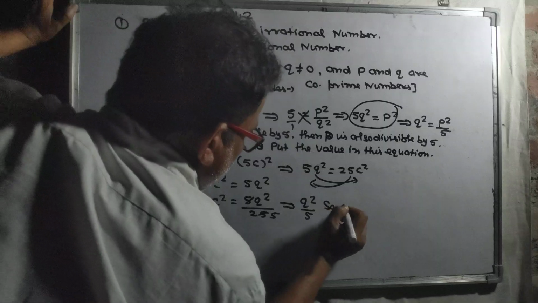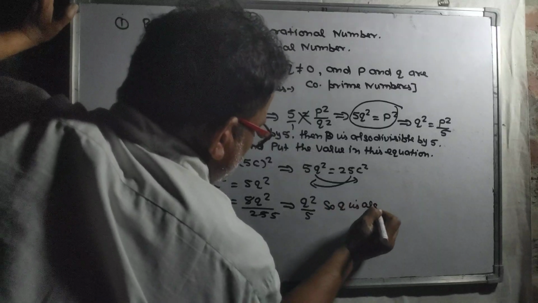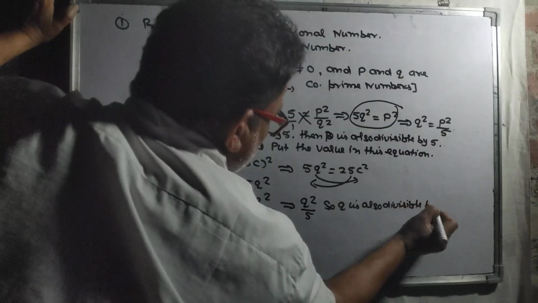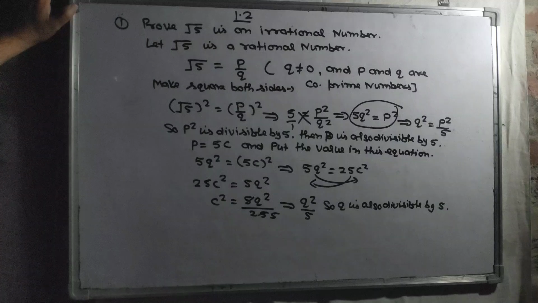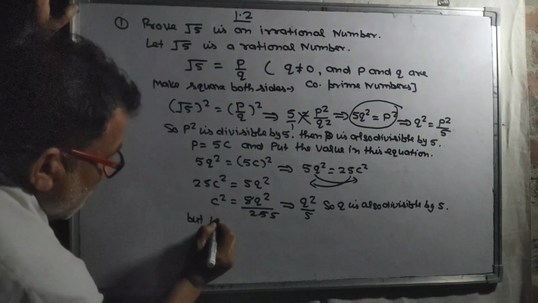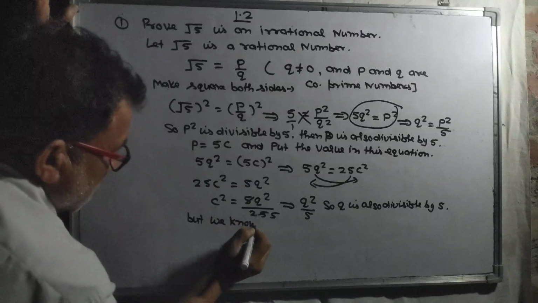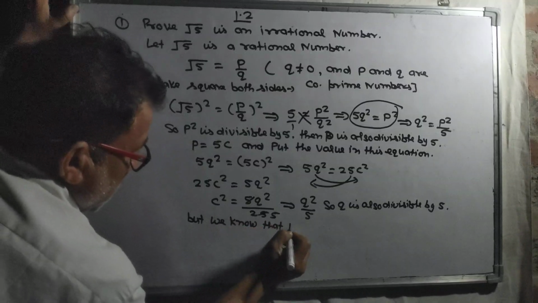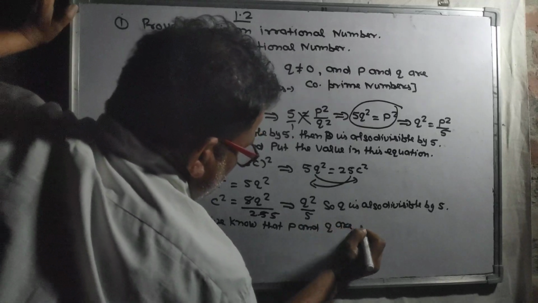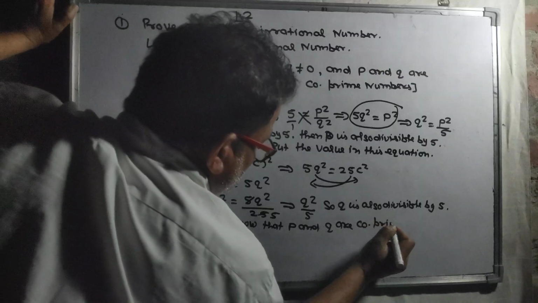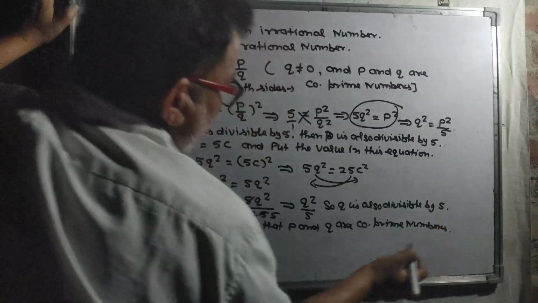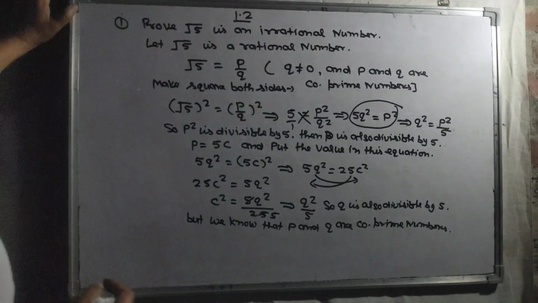So q is also divisible by 5, but we know that p and q are co-prime numbers. P and q are co-prime numbers.